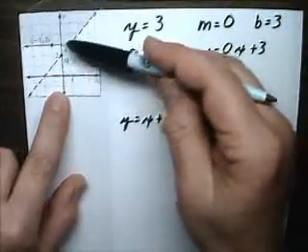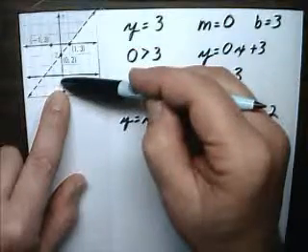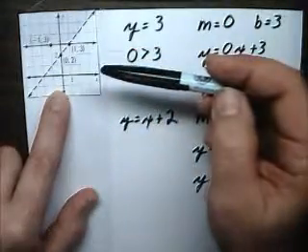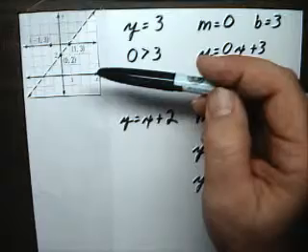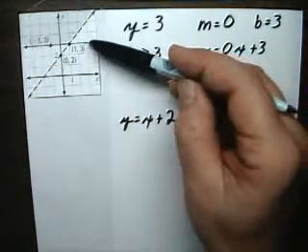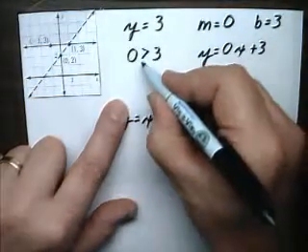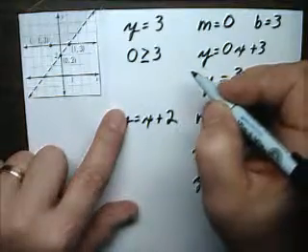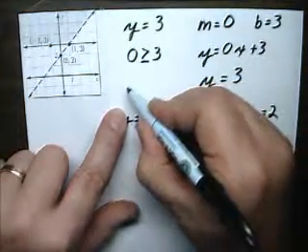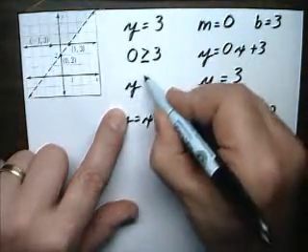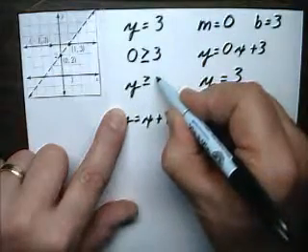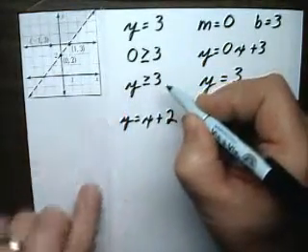That means this part of the graph will not be shaded, and I'm well on my way. Now, also, this is a solid line, so it's greater than or equal to. So the first inequality is y is greater than or equal to 3.